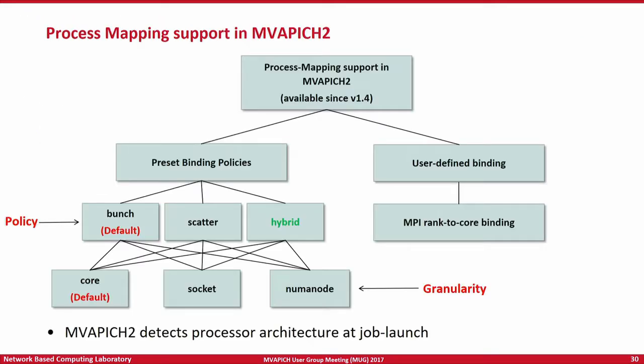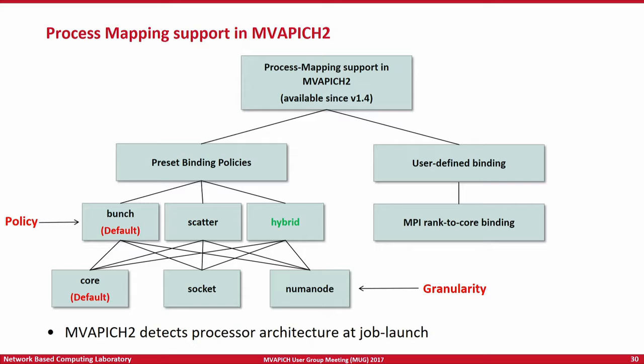Now the default binding policy is at a core level with bunch mapping. If your compute device looks like this, a core level bunch mapping policy will result in, let's say you have 4 ranks, the ranks being mapped onto socket 0 in a serial fashion.